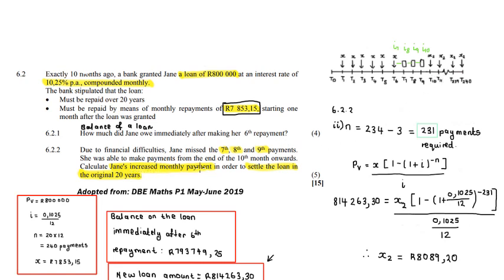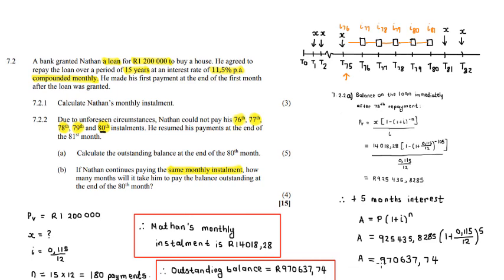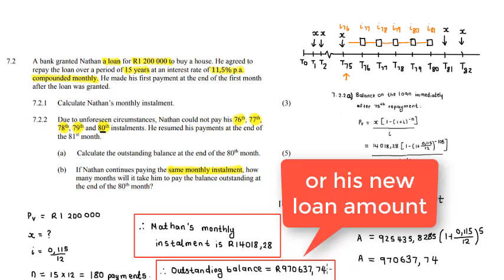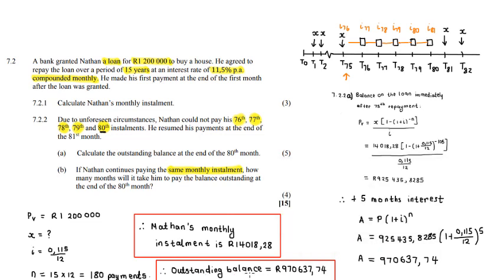Now in Nathan's case, this is his outstanding balance, or you can also say this is his new loan amount. What he wants to do is cover this outstanding balance using the same monthly installments, which is this amount right over here.